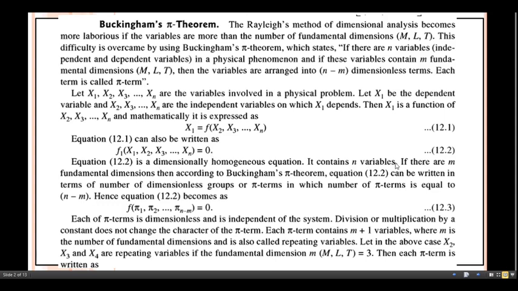It contains n variables. If there are m fundamental dimensions, then according to Buckingham's pi theorem, this equation 2 can be written in terms of dimensionless groups or pi terms, in which the number of pi terms is equal to n minus m. Hence equation number 2 becomes a function of pi 1, pi 2 up to pi n minus m equals 0.